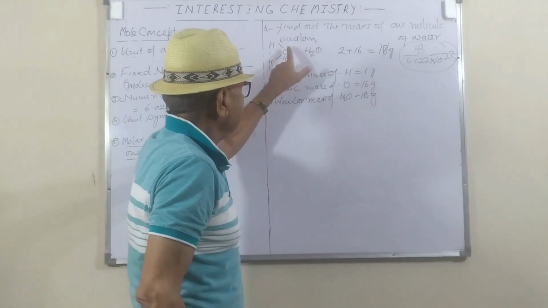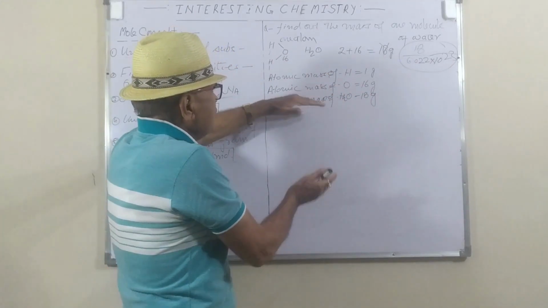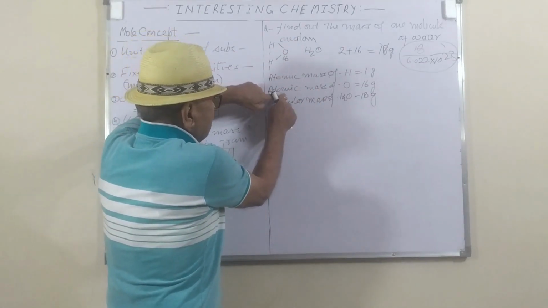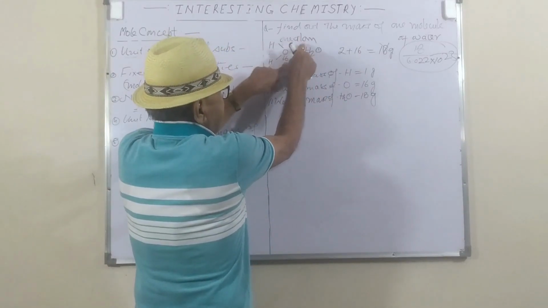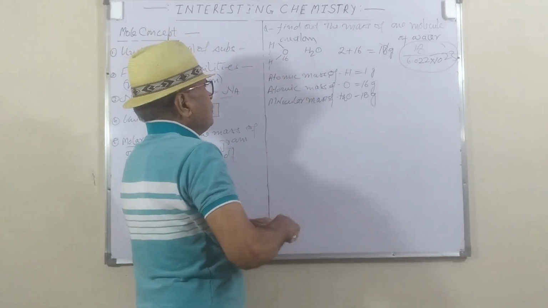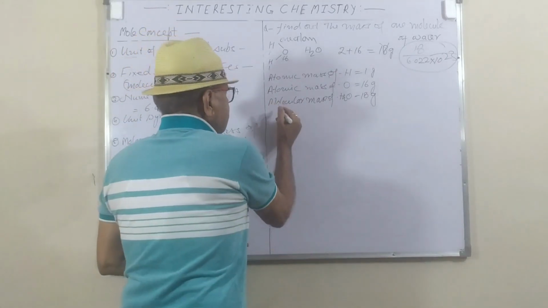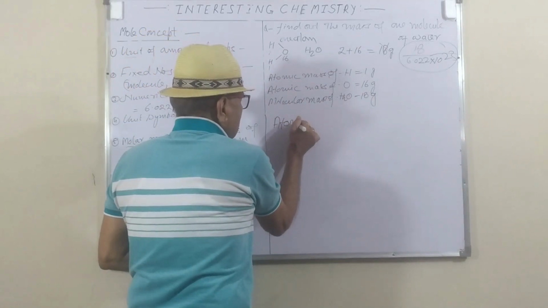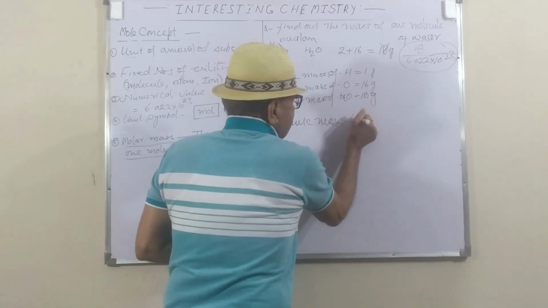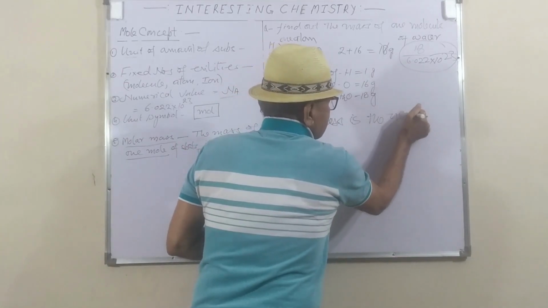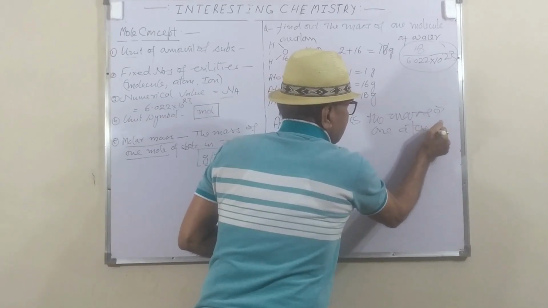In the same way, for oxygen, you are taking the atomic mass value 16 in place of 1 atom of oxygen. So you think the atomic mass is the mass of 1 atom.